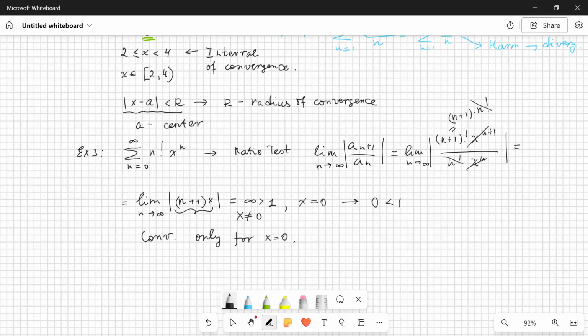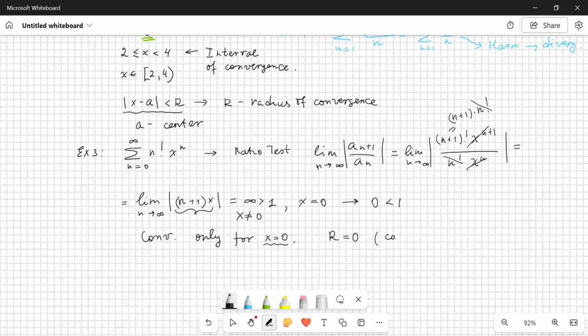Well, what is going to be the interval in this case? If it's convergent only at one point, we're going to say that the radius is equal to 0, and we are going to give no interval. We are just going to say that there is only one point of convergence, x equals 0.